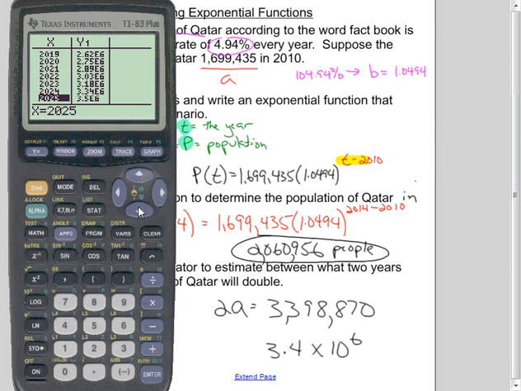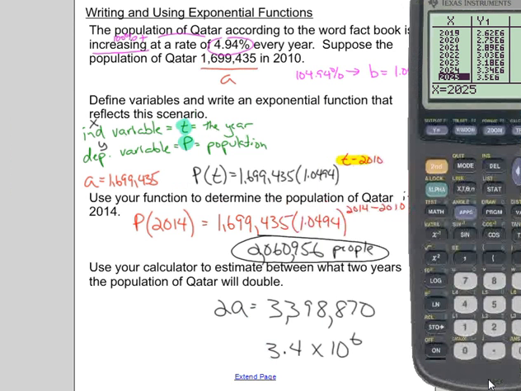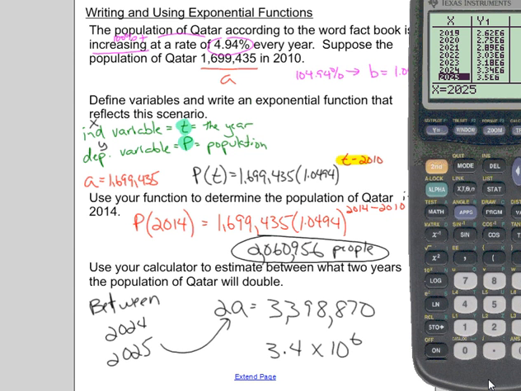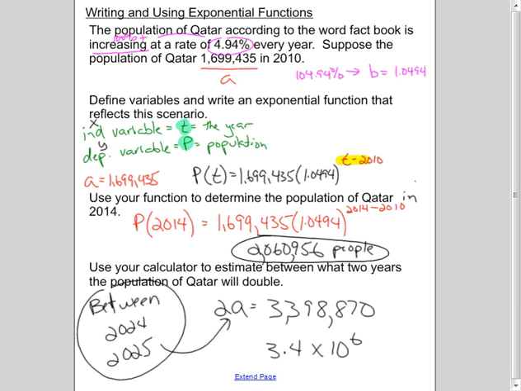So I can say between 2024 and 2025, the population will be around 3.4 million.